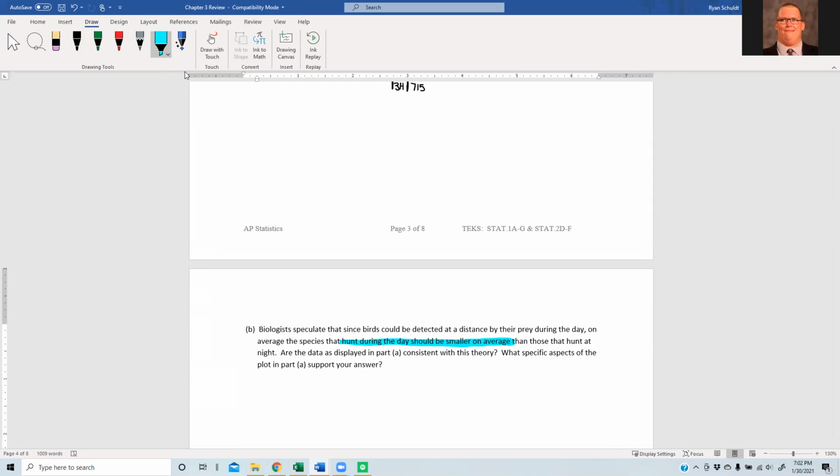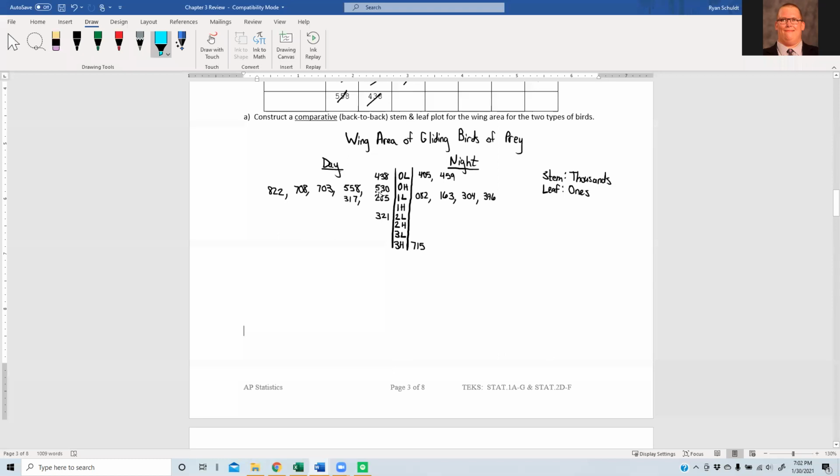Okay, well, let's look. Those that hunt during the day should be smaller. Yeah, most of them are smaller. I have 6 of them that are really small. I mean, the majority of them are smaller than the majority of the night hunters.